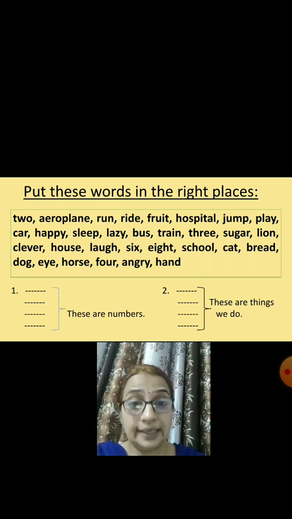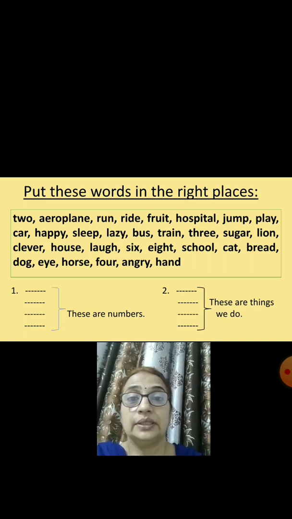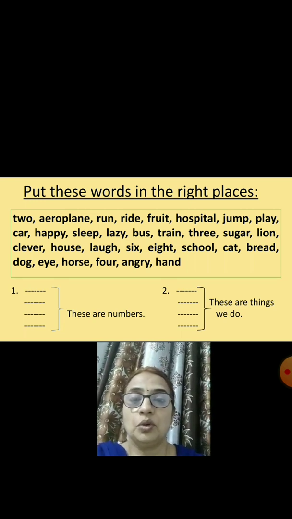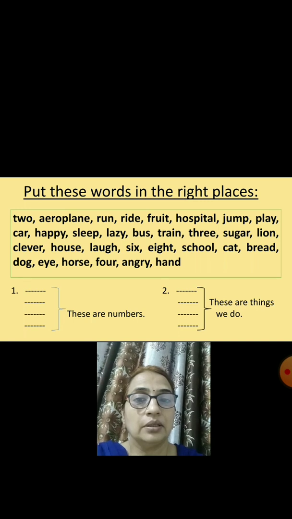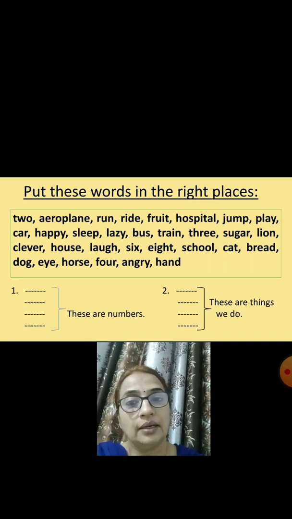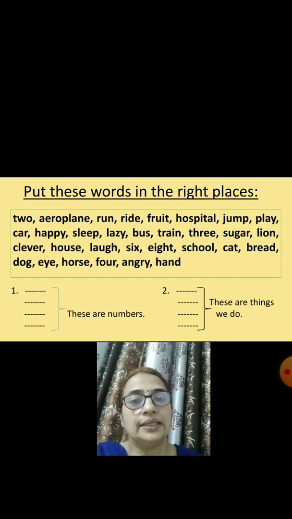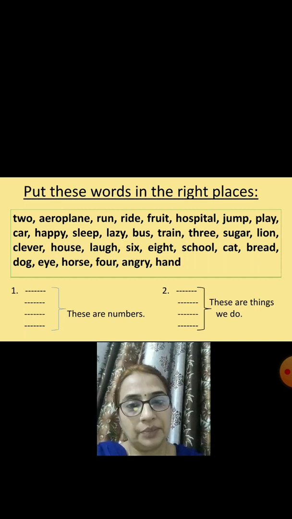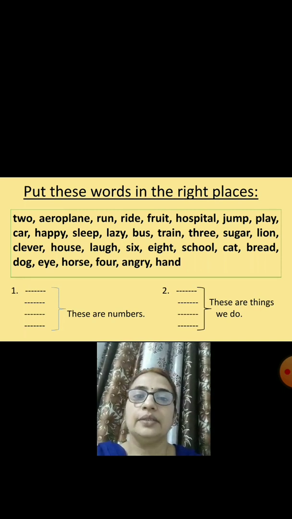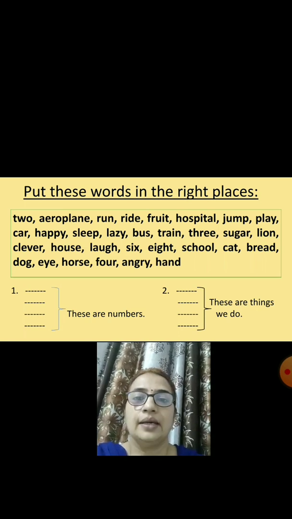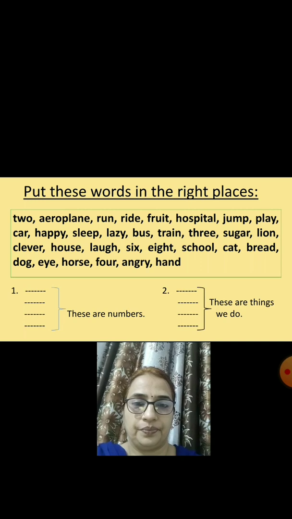Second, lazy, yes, lazy type of people. Then third line, clever, correct. No other word. And then in the fourth line, yes, angry. So there we will write lazy, clever, and angry.